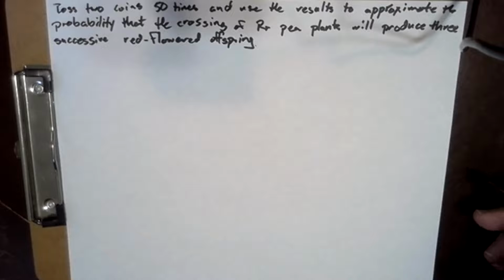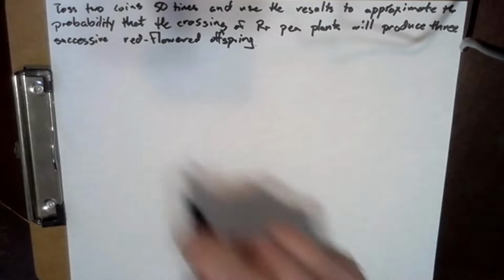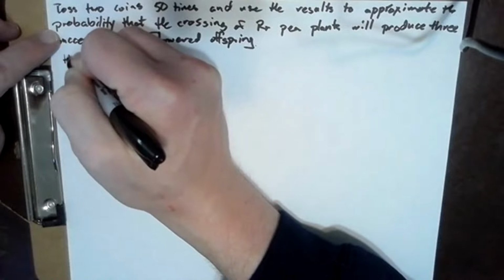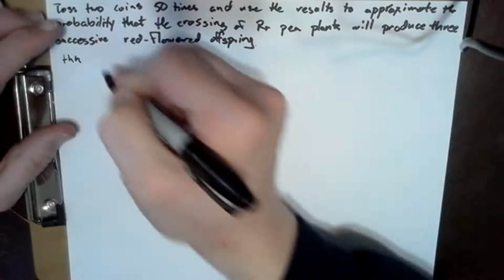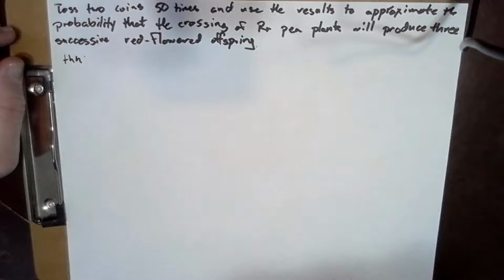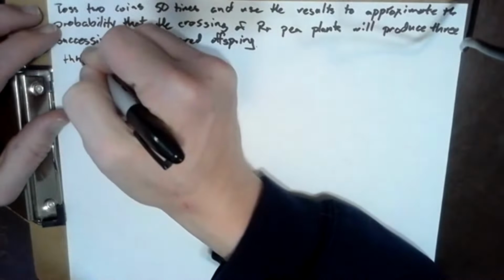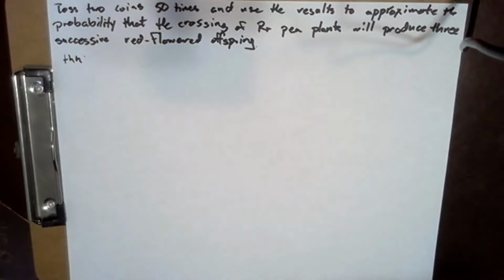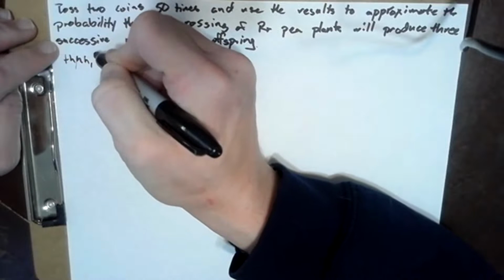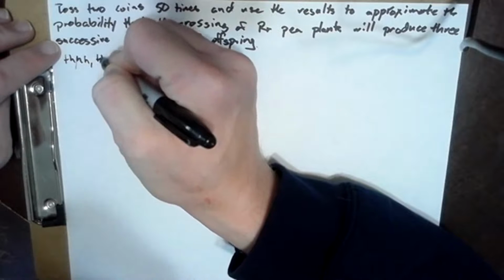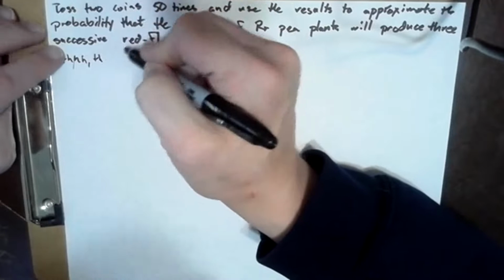Now, the book gives us a list of heads and tails. So we've got tails, heads, heads, heads, tails, heads. Now this is tails, heads, heads, head, tail, tail, head, tail, tail.